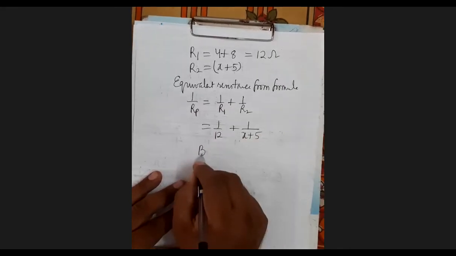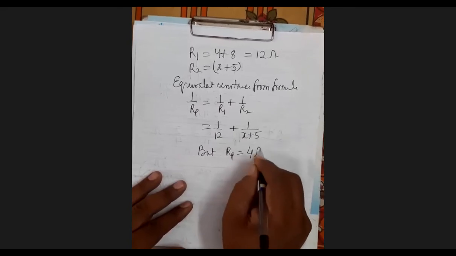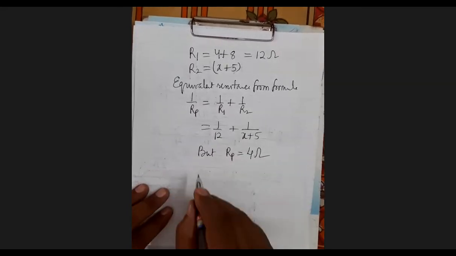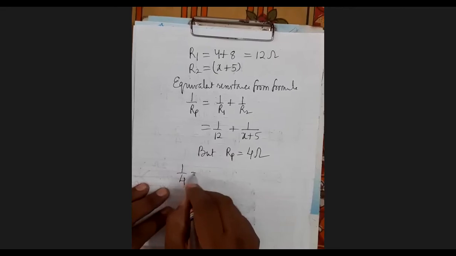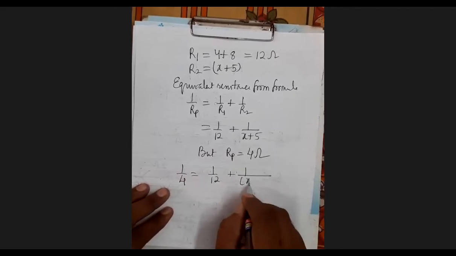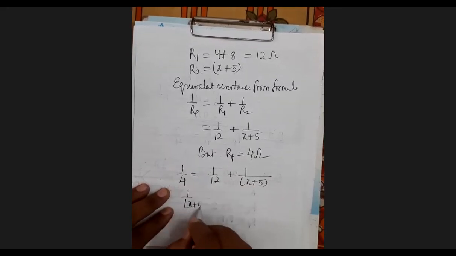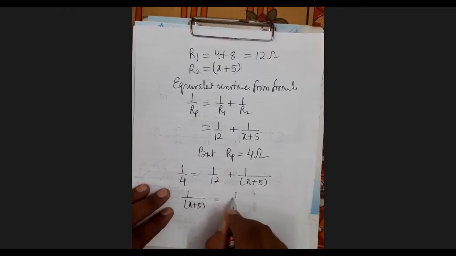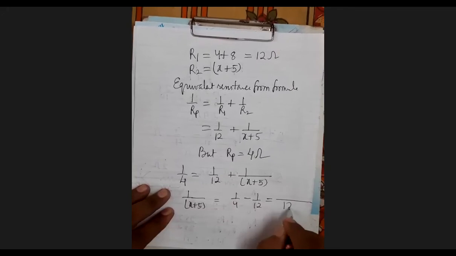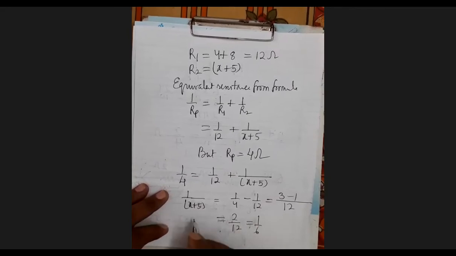But Rp is given as 4 ohm, this is given in the question. So now you substitute: 1 upon 4 equals 1 upon 12 plus 1 upon X plus 5. So 1 upon X plus 5 equals 1 upon 4 minus 1 upon 12. 12 is the LCM, that is 3 minus 1, that is 2 upon 12, that is 1 upon 6.